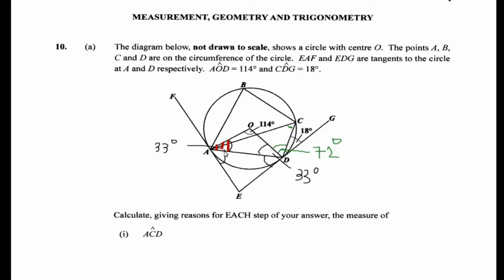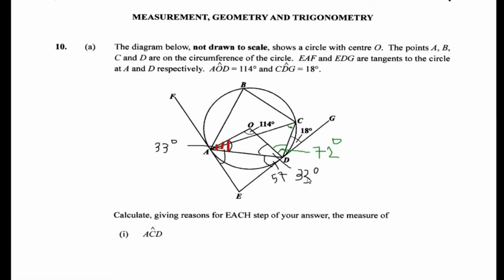And so if this is 33, then we know the angle at D. The angle at D is going to be 57. And if the angle at D is 57, 57 plus 33 is 90, just to make sure.